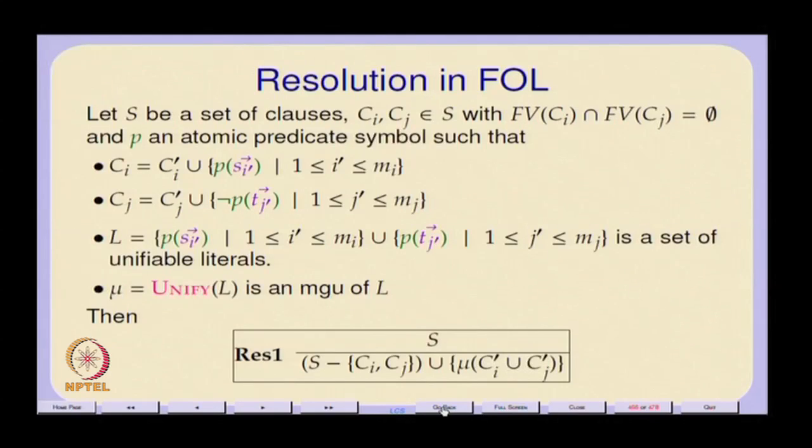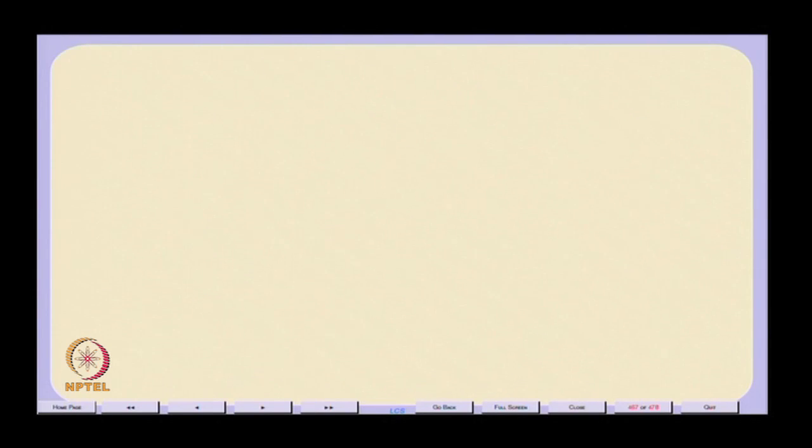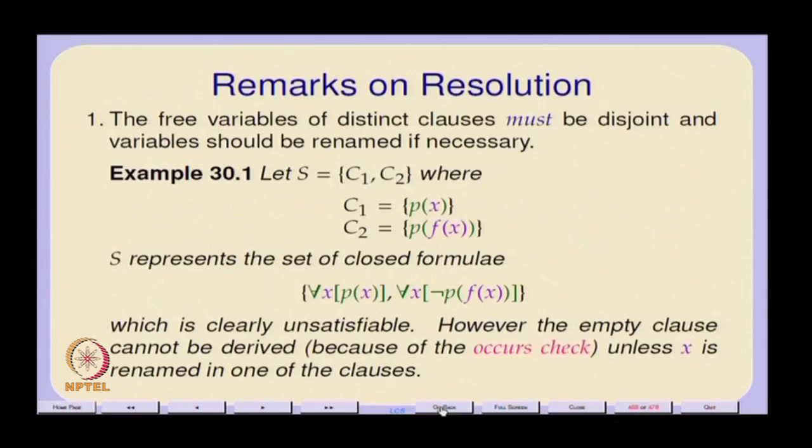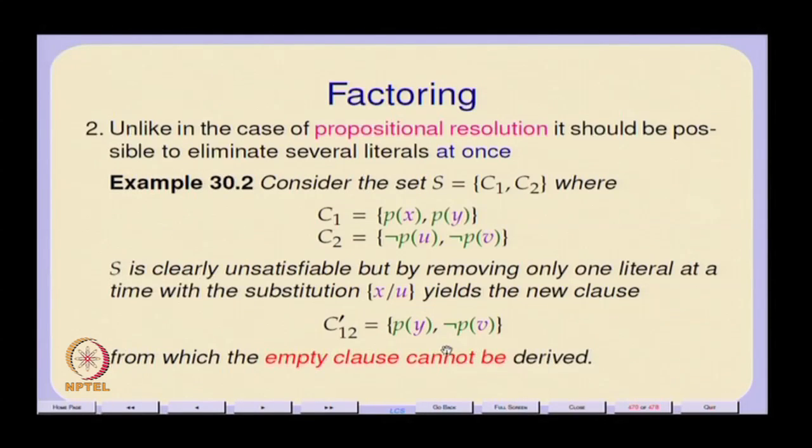If you do not do that, then you have some consequences. So, take something like this. If I have two clauses p x and p y, essentially they are implicitly universally quantified.